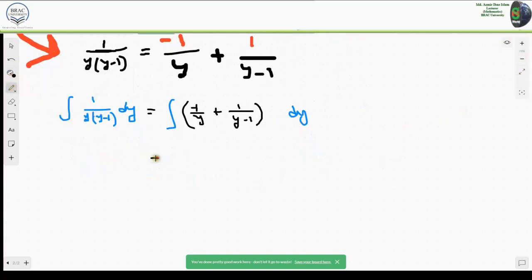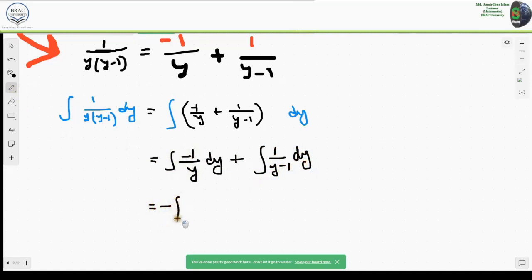So using the property of integral, we can separate. That's why we have separated integration of minus 1 over y dy plus integration of 1 over y minus 1 dy. So first of all, we can pull out the constants, that is negative 1 is being pulled out, and we have integration of 1 over y dy.